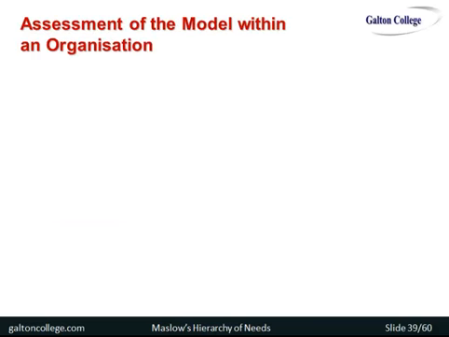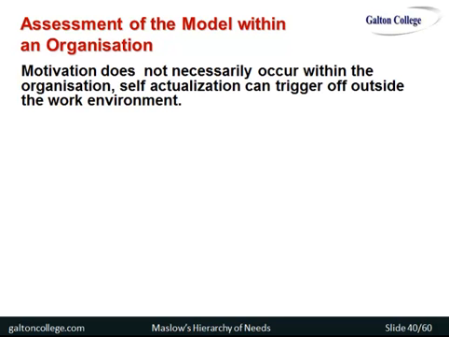Now, assessment of the model within an organization. Well, motivation does not necessarily occur within the organization. Self-actualization can trigger off outside of the work environment. So, self-actualization can be referenced against the norms of the society.